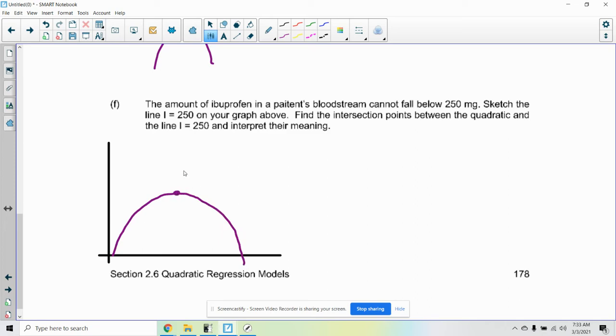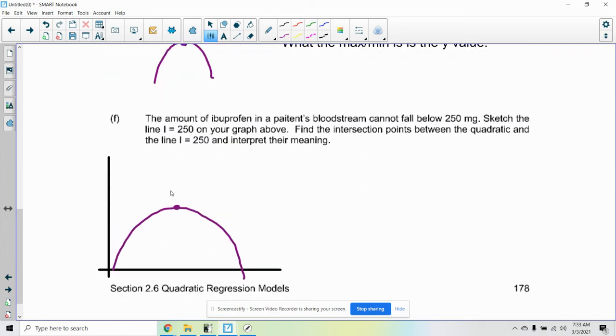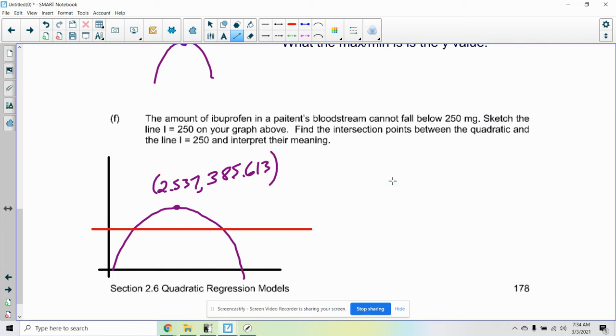And this is our vertex, 2.537, 385.613. And it wants to know how long until it falls below this line of 250 milligrams. So I'm looking for this point right here.